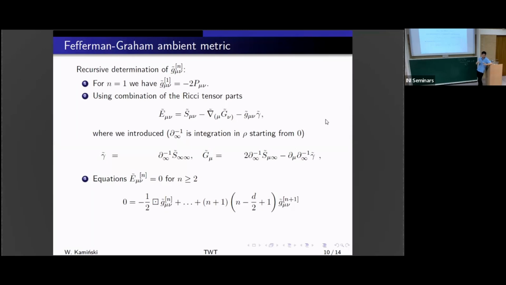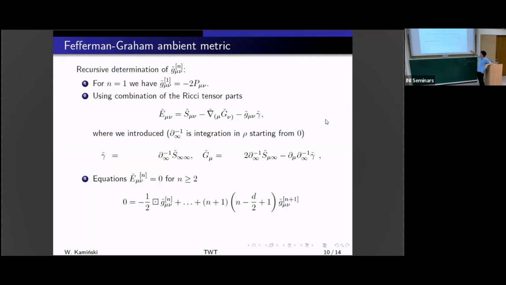The second order will be something like the Bach tensor, but then it starts to be messy. So maybe to make it a bit better, typically, if you look at the Fefferman-Graham book, in order to determine this metric they use only the part of the ambient Ricci tensor tangent to M. But in practice, one can use any combination, and one can take such a strange combination.